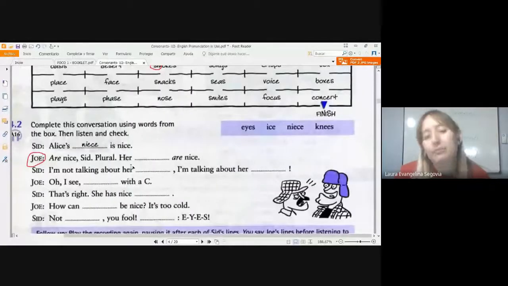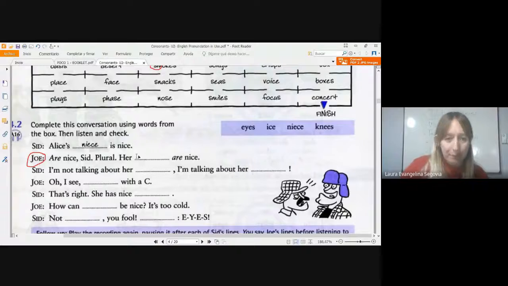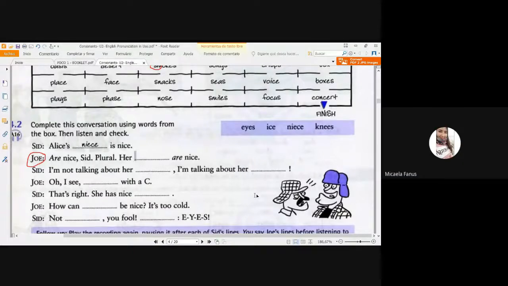Mika, you are going to be Sid. And Agus, you are going to be Joe. Okay, again. Come on. Alice's niece is nice. Are nice, Sid, plural.